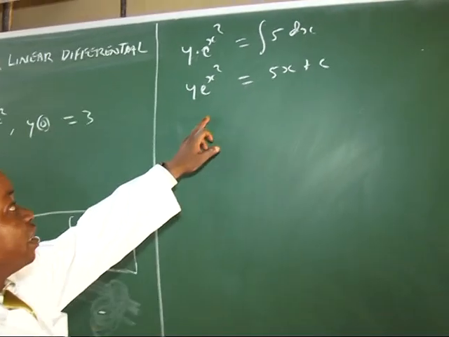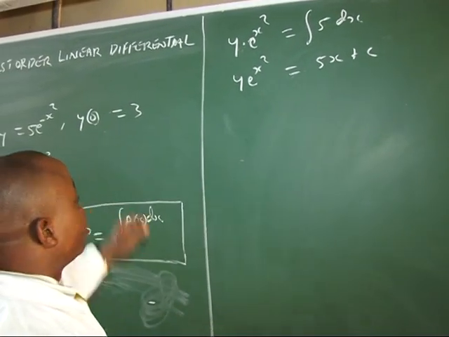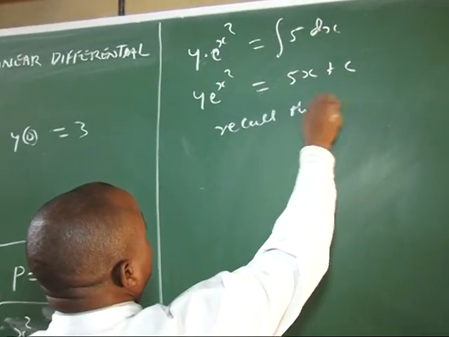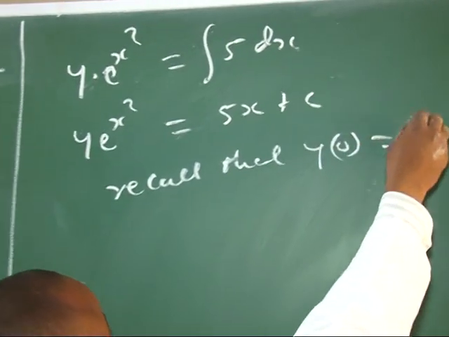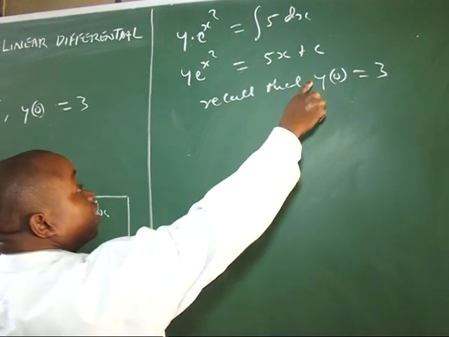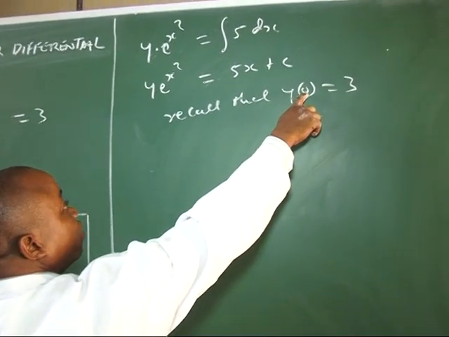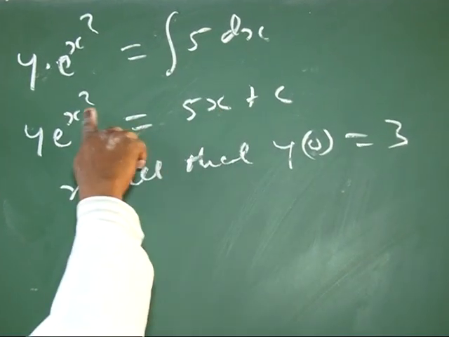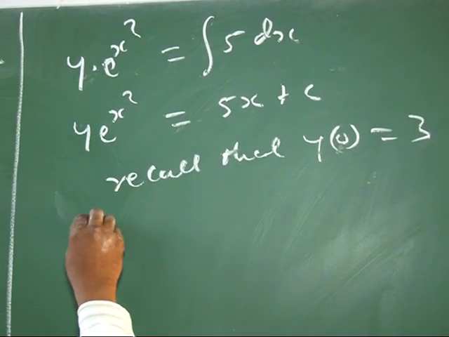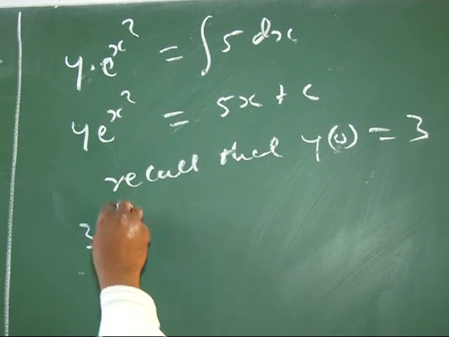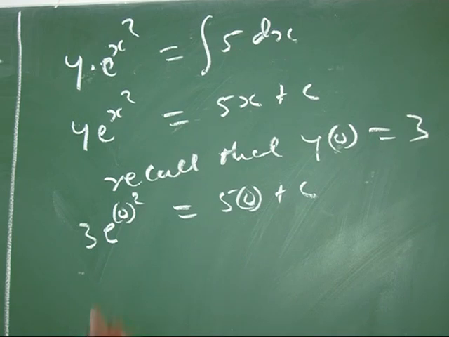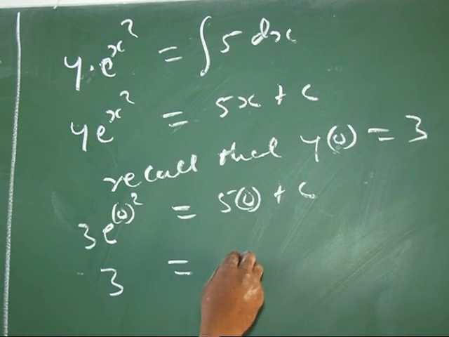Now, this is where the initial value problem comes in. We recall that y of 0 is equal to 3. What it means is that anywhere x is, we put 0. So I will have 3 exponential 0 squared equal to 5 times 0 plus c. Now this will give us 3 equals c.